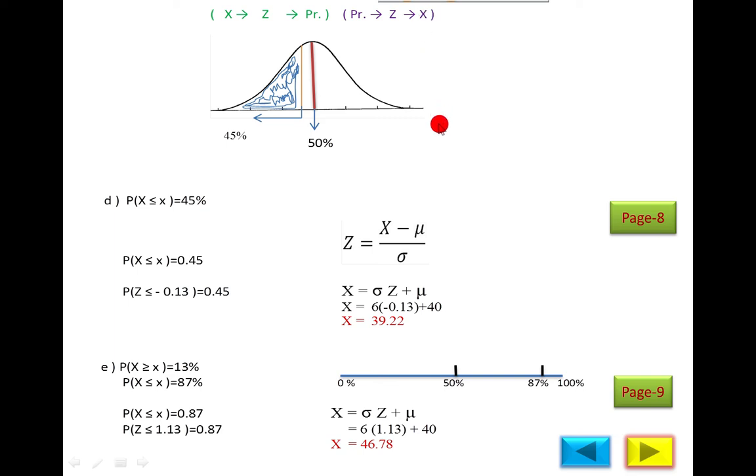So what is the procedure? The total area in terms of probability is 1, and this is the graph of the normal distribution, a bell-shaped curve. This point divides the area into two equal parts, 50% left-hand side, 50% right-hand side. The condition is to find the x value when the below area is 45%. In parts A, B, C, probability is unknown, value of x is known.